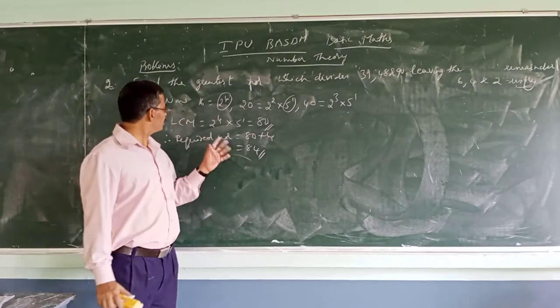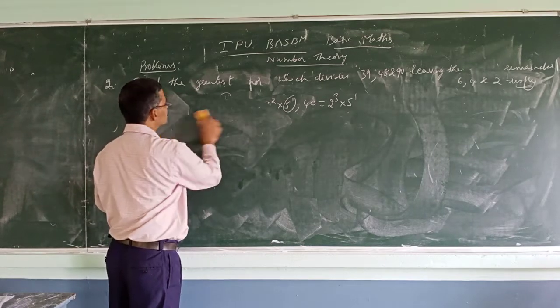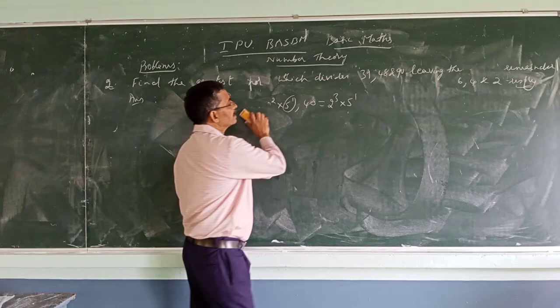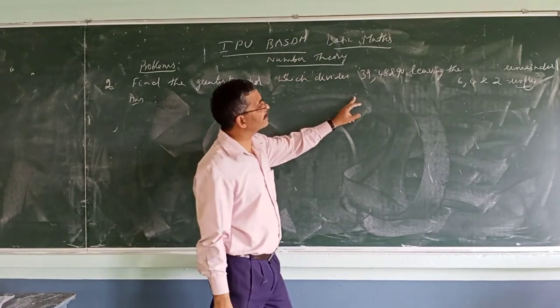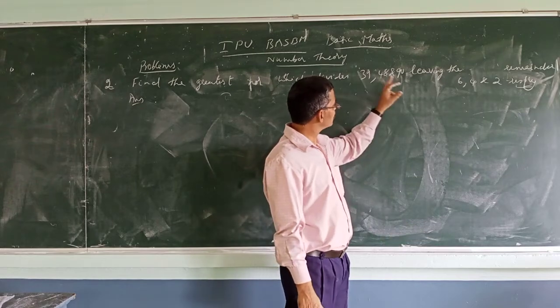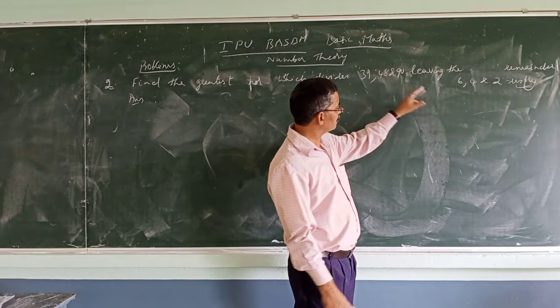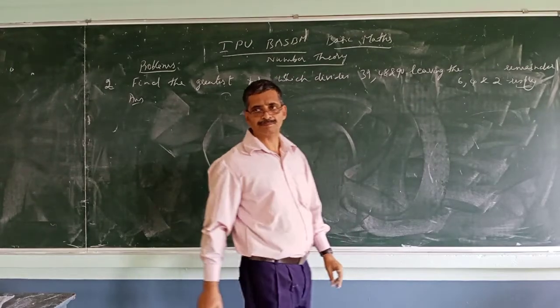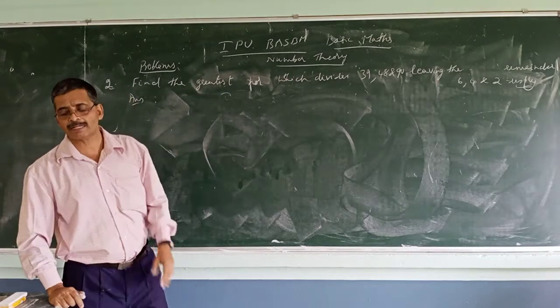So if you take any number x, then x divides 39 minus 6, 48 minus 4 and 90 minus 2 exactly.